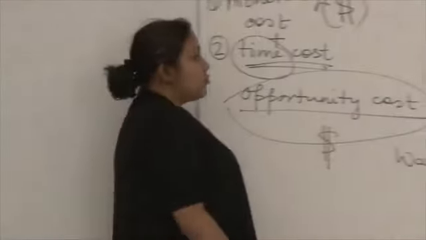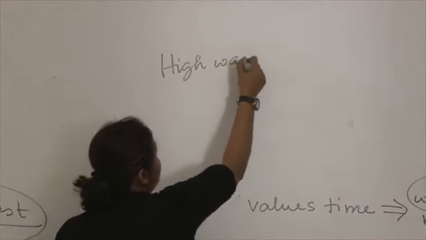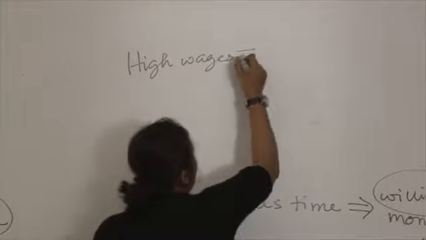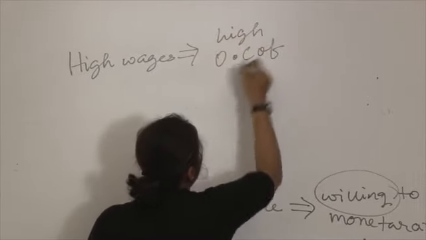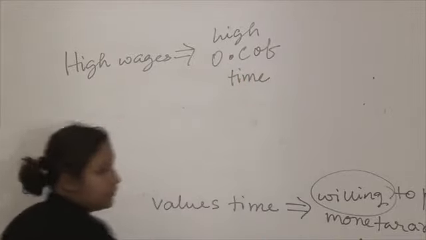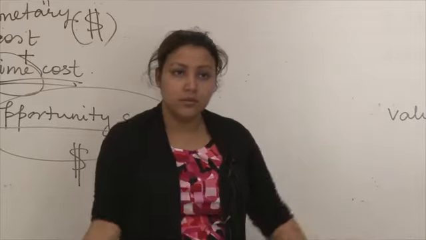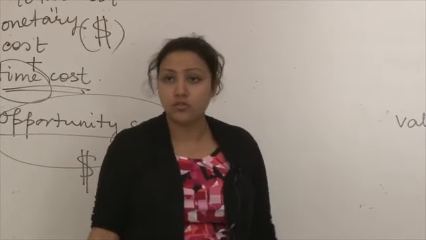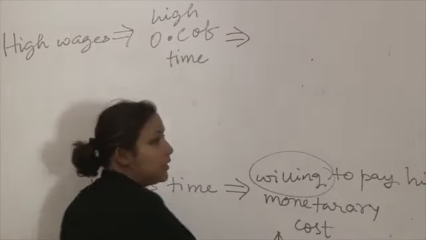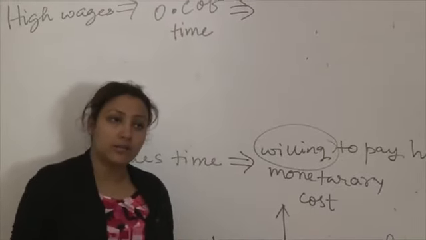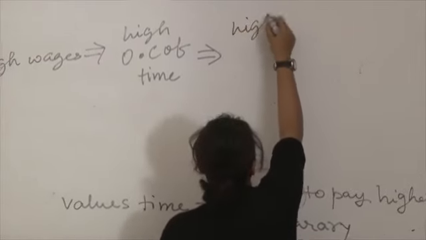So that means what I'm trying to say is a person having high wages has a high opportunity cost of time. If he waits in the doctor's office, then he gives up more of his wages, right? So there is a high opportunity cost of his time. If there is high opportunity cost of this time, then will he value time more or less? He will value time more, so higher value for time.